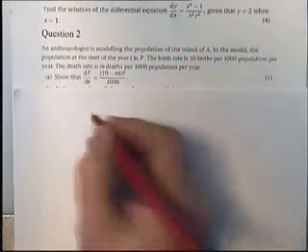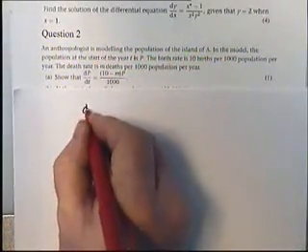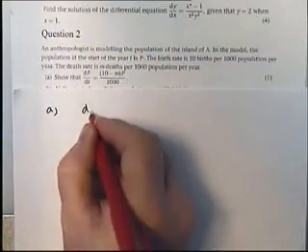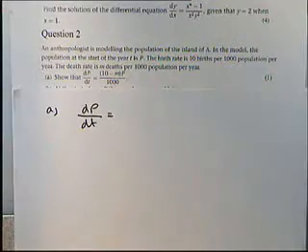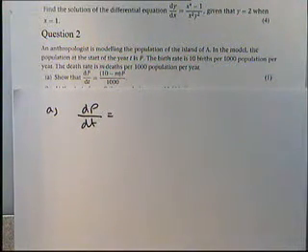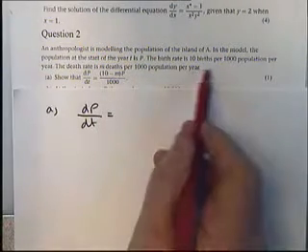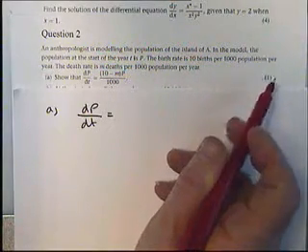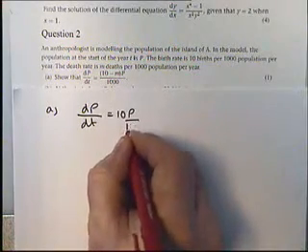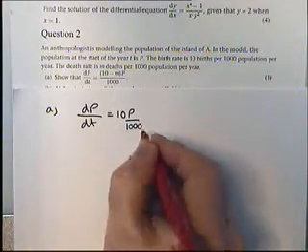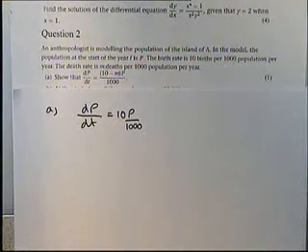Now what we've got is the population P, but we've got the rate of change of the population. Well, if you think about a population changing, in this case we're only considering two factors, the births and the deaths. There's 10 births per 1,000 of the population, so there's 10 times P over 1,000, and that's how the rate of change of the population would increase if there was just births on the island.